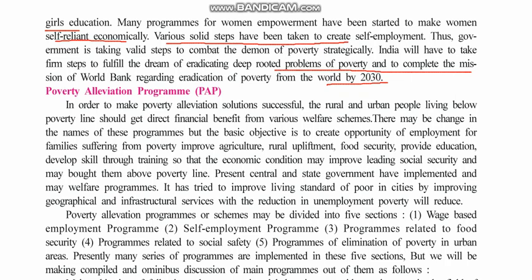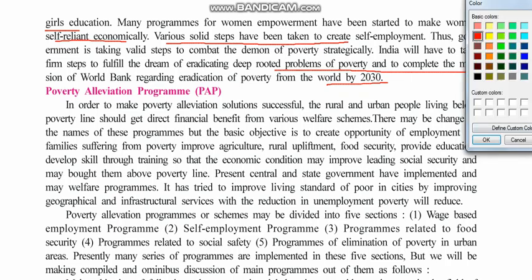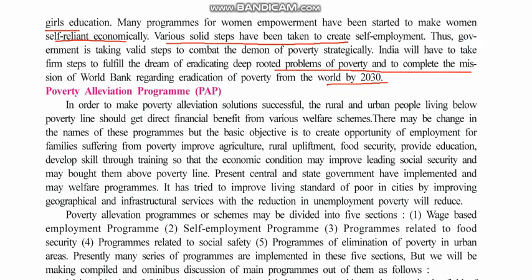Okay, the next is the poverty alleviation program, also known as PAP. PAP is a very important short note for you in this chapter. In order to make poverty alleviation successful, the rural and urban people living below the poverty line should get direct financial benefit from various welfare schemes.